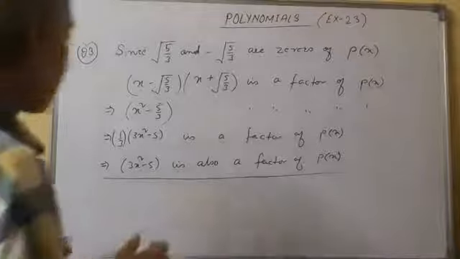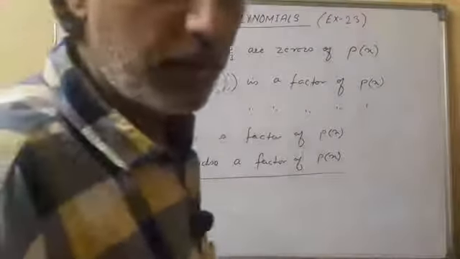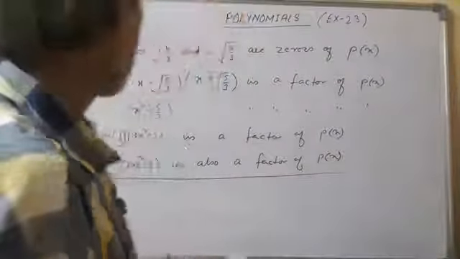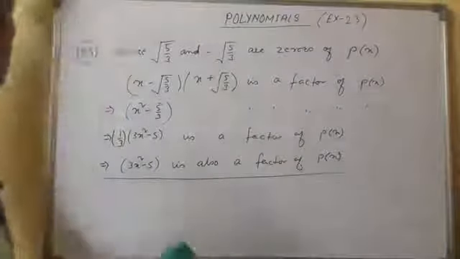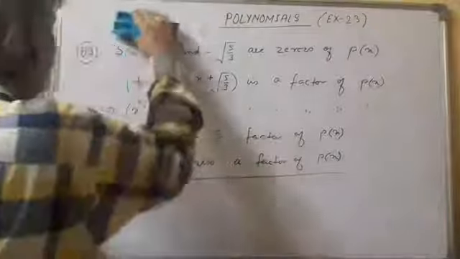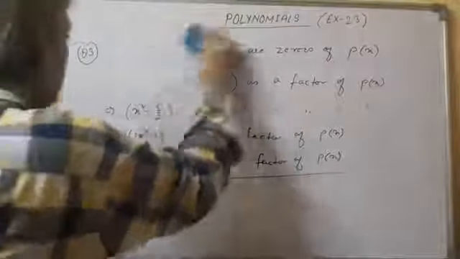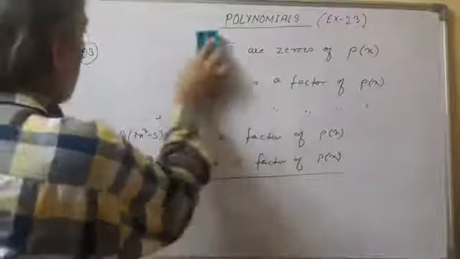Now I will divide the given polynomial by this. I am writing the upper part.